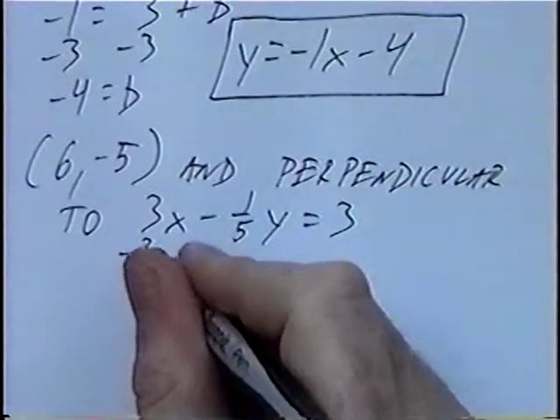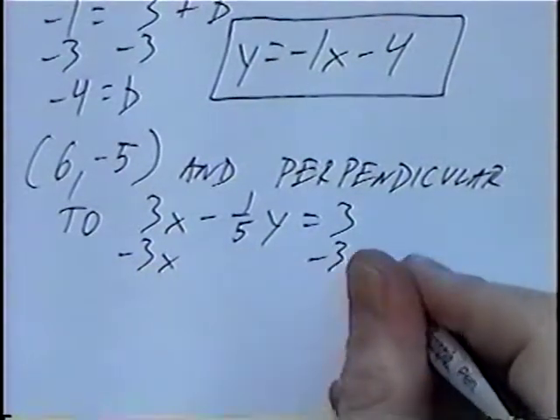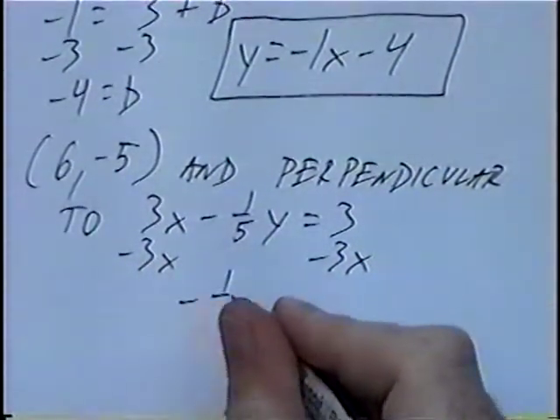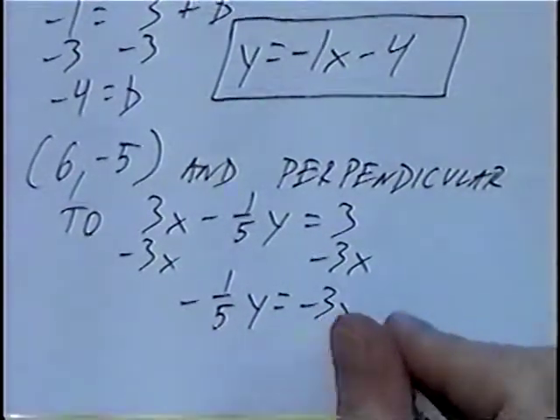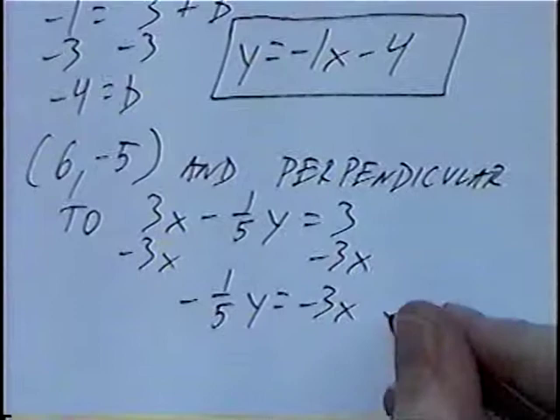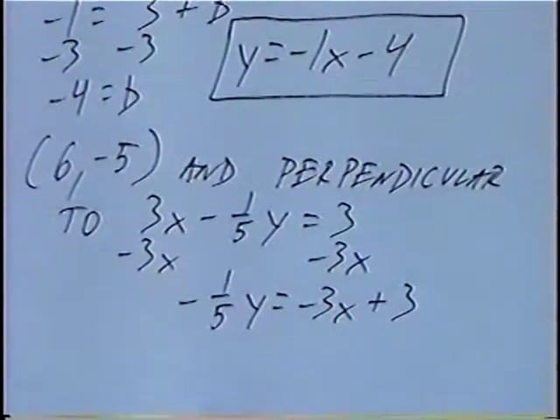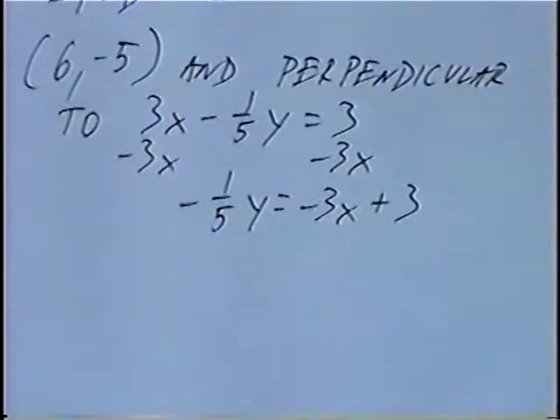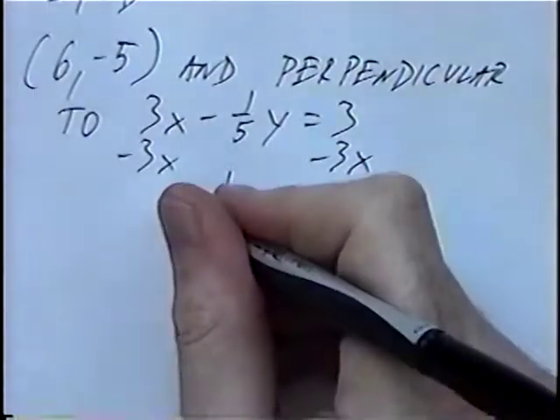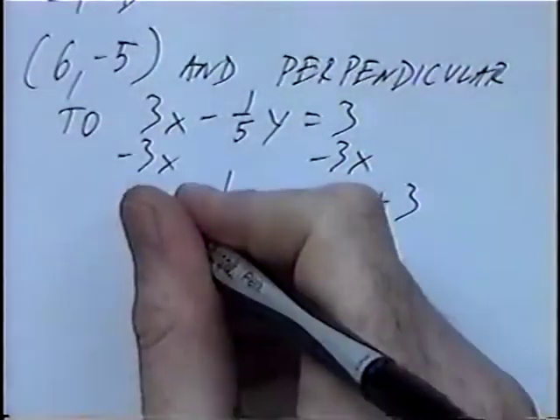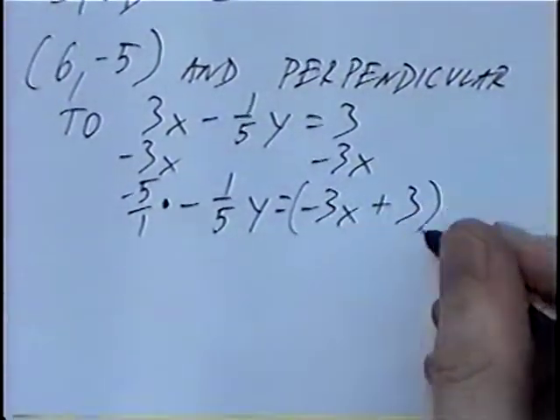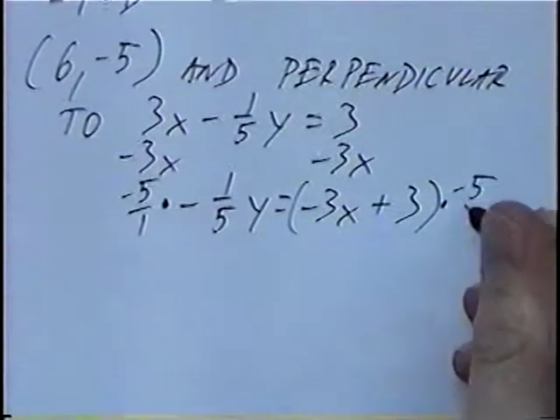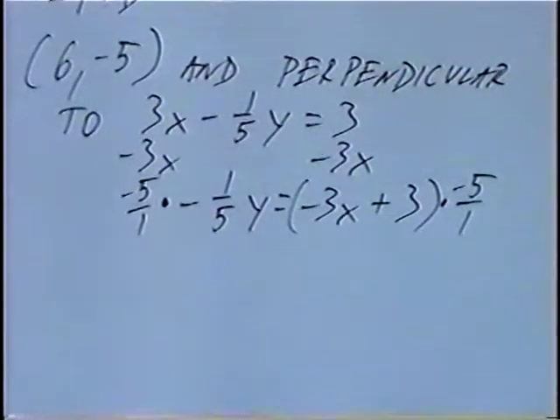So to find the slope, we have to first put it in slope-intercept form. To do that, we can subtract 3x on both sides. So we'll have -1 over 5y equals, putting x first, we'll have -3x and plus 3. To get rid of the fraction -1/5, you can multiply by the reciprocal, which would be -5 over 1, and we'll multiply both sides by -5 over 1.